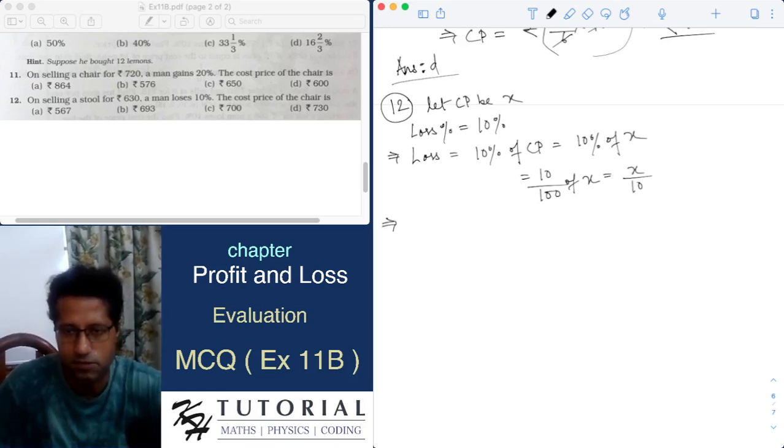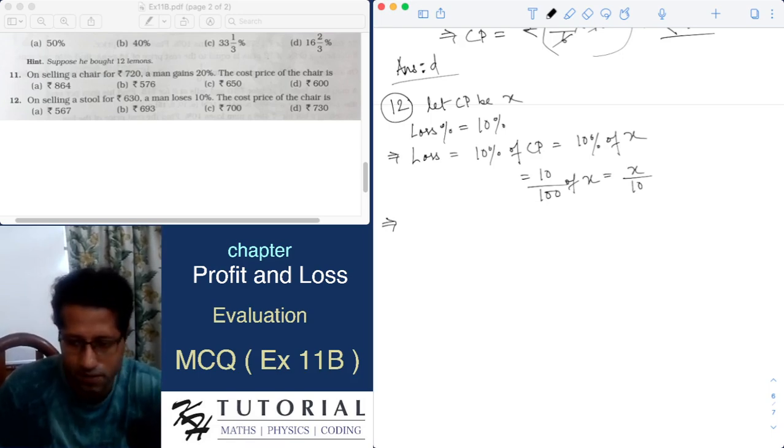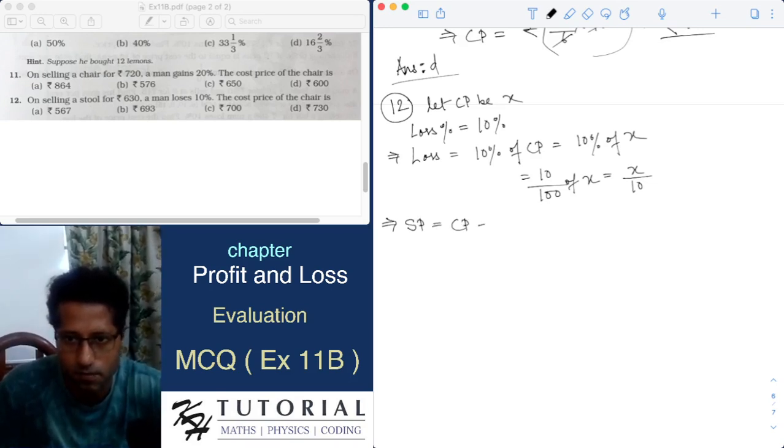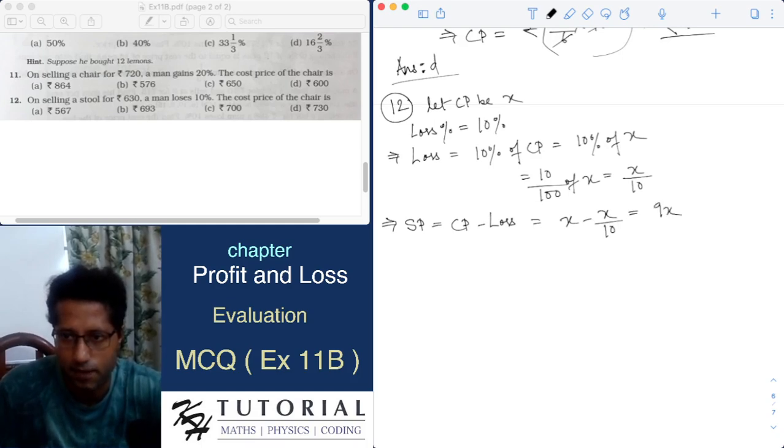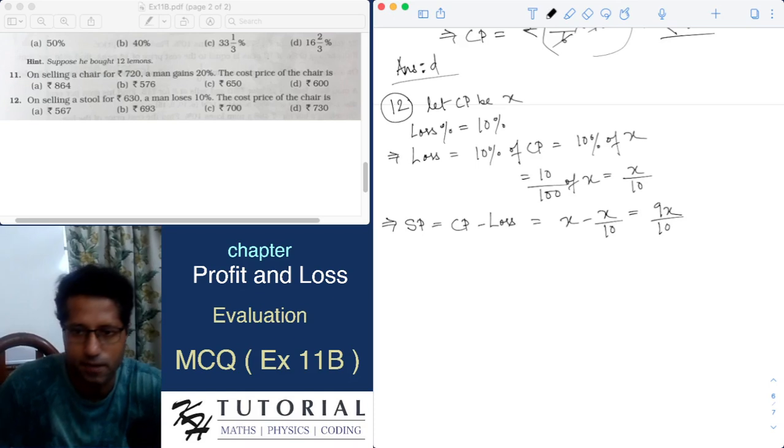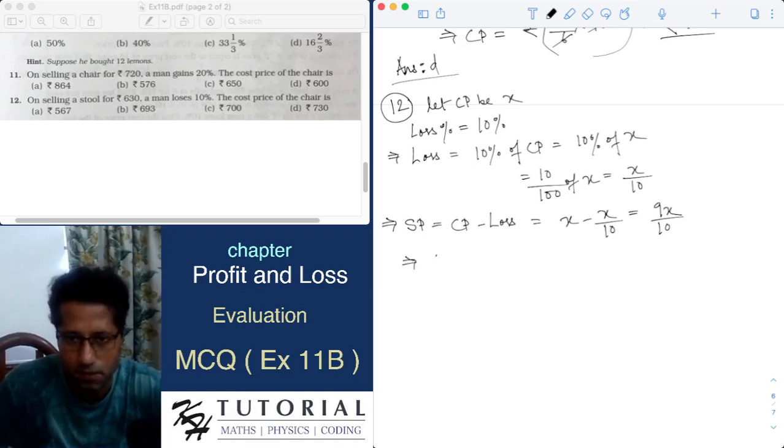This implies if there is a loss and if we know the cost price and we know the loss, so definitely we will know the selling price. Selling price will be cost price minus loss. So CP is X and loss is X by 10. So this is 9X by 10. SP is 9X by 10 and it is given that SP is rupees 630.